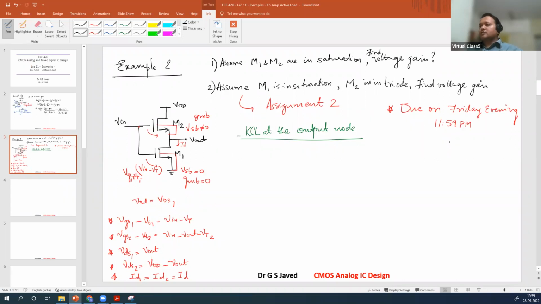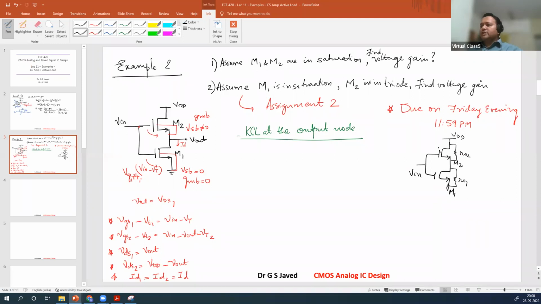Let's draw a diagram just for benefit. This is M1 RO1, M2 RO2.